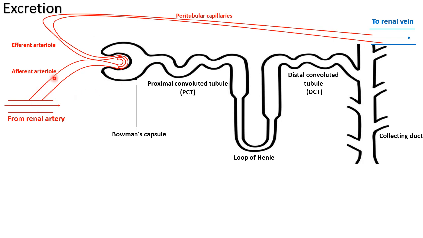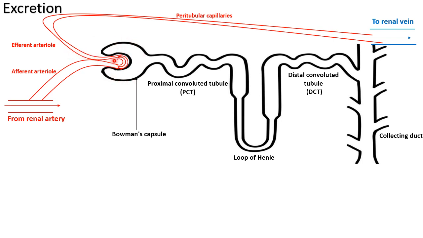The blood comes through a wide arteriole, then the arteriole that takes this blood is narrow, so that keeps the blood here because it doesn't have space to go into this arteriole because it's narrow.